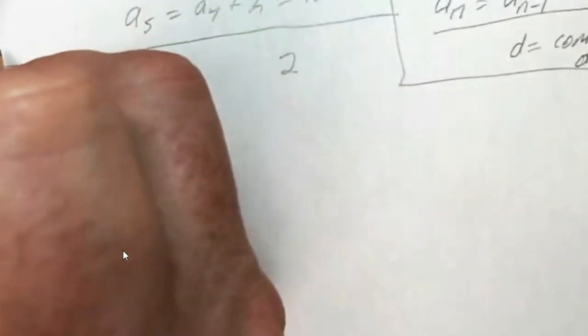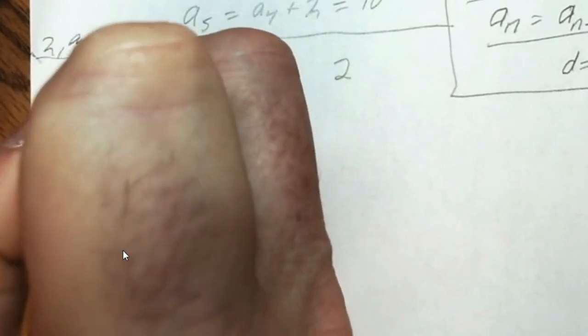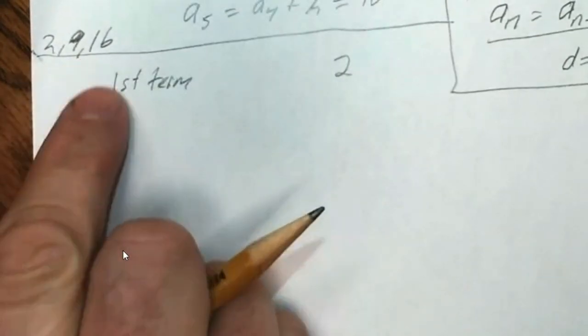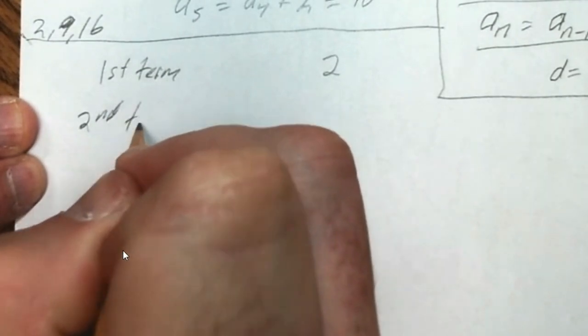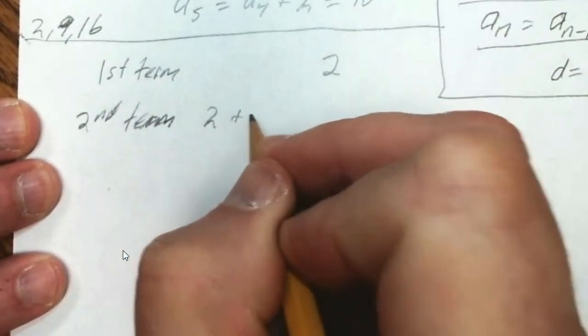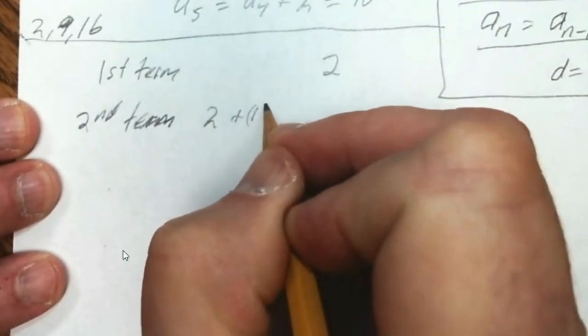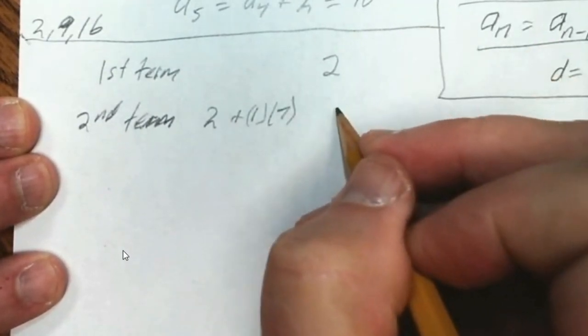We're looking at the sequence 2, 9, 16. So the first term is this. The second term, we can take the 2 and add a 7. 1 times 7. So it's going to equal 9, right?